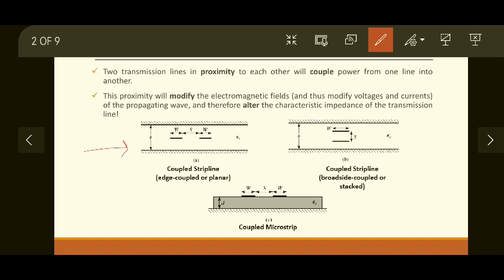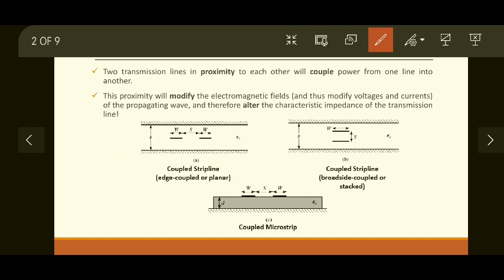In this case, as you can see, these are the two strip conductors. This can be made up of copper or any other material. These are the conductors of voltages and currents at the microwave frequency.